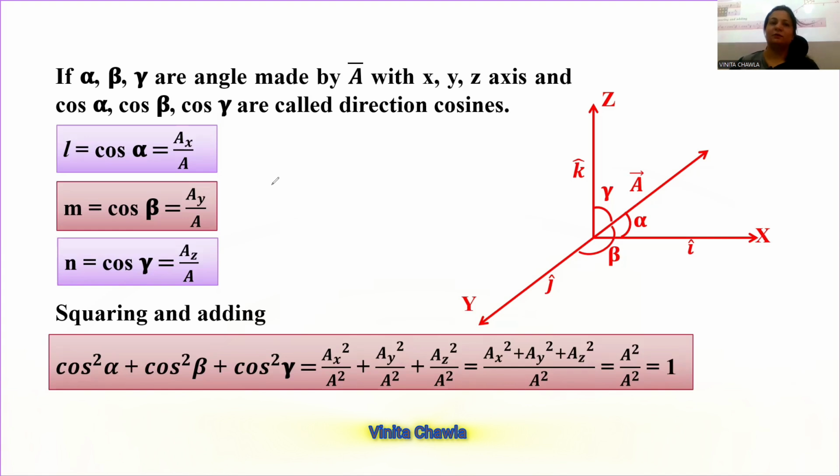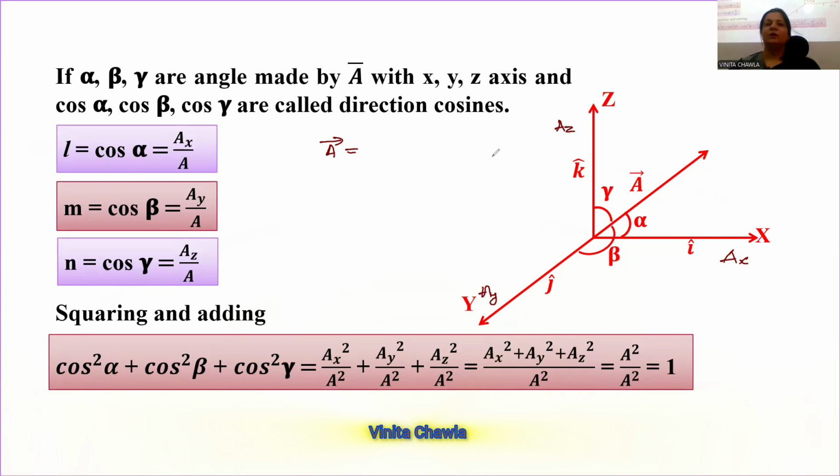How do we write a vector? If we have a vector, how do we write a vector? Vector A. So along x-axis, we can write component of vector A as ax. Along y-axis, we can write component of vector A as ay. Sorry, it's not y-axis, it's z-axis. So along y-axis, we can write component of A as ay, and along z-axis, component of A as az.